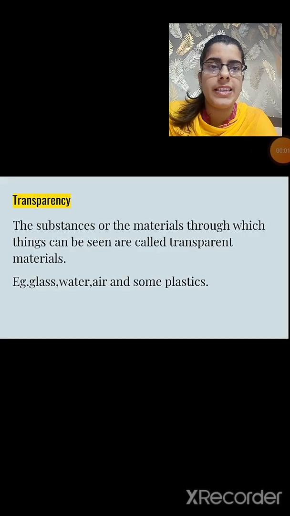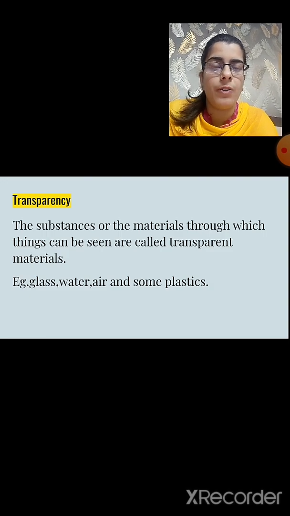Next property is transparency. What do you mean by transparency? The materials or the substances through which things can be seen are called transparent materials. Now, if you hold a glass in your hand, what will happen? You will see the other side of the glass, isn't it?